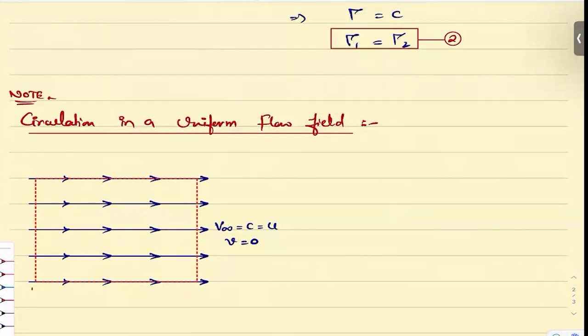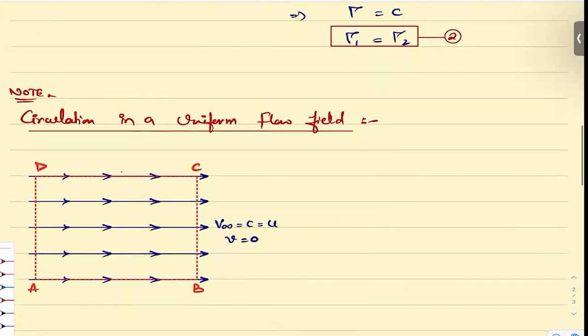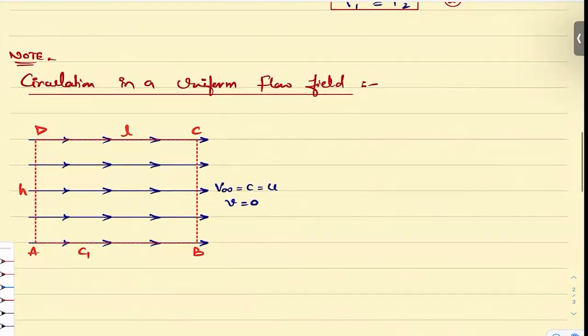Closed curve, let this be A, B, C, D. Let the length of this be L and height be H. This is the closed curve C1, let's say. The entire curve ABCD is C1.